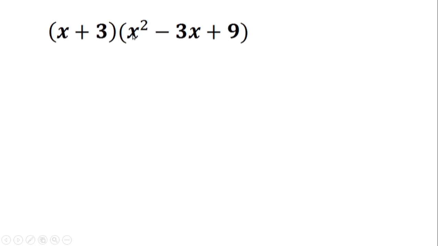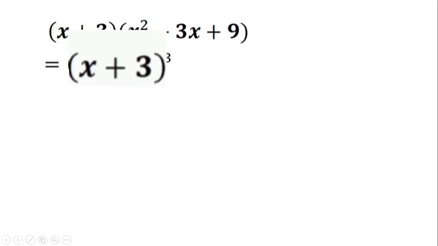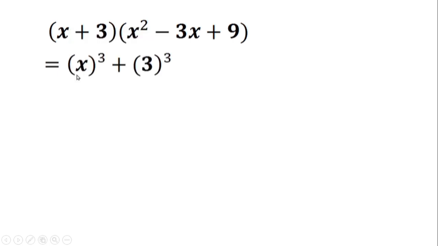And this is plus and this is minus. This will result to x cube plus 3 cube. And x cube is x cube and 3 cube is 27. The final answer is x cube plus 27.